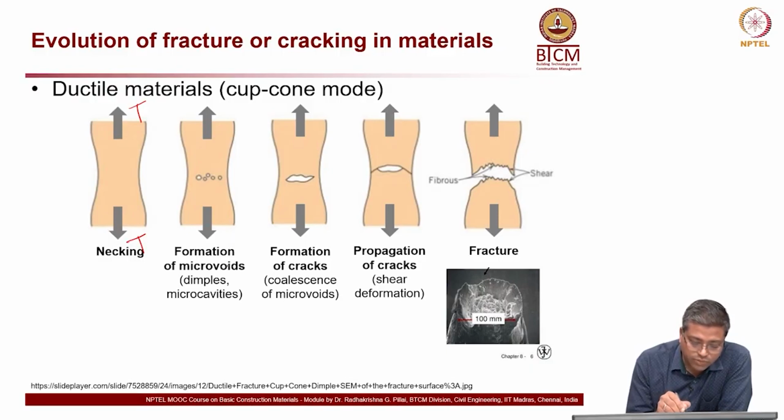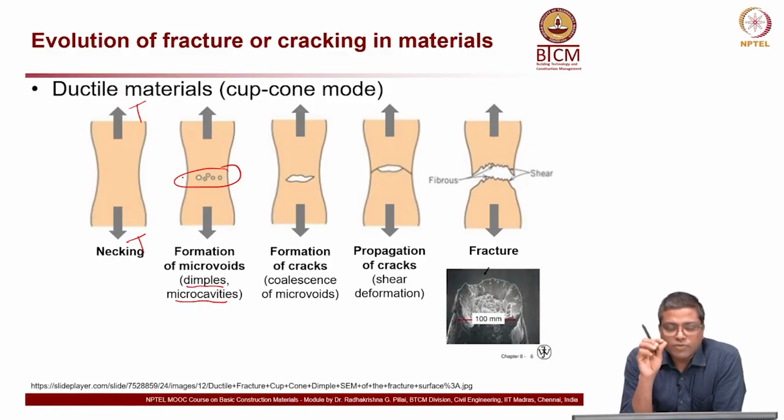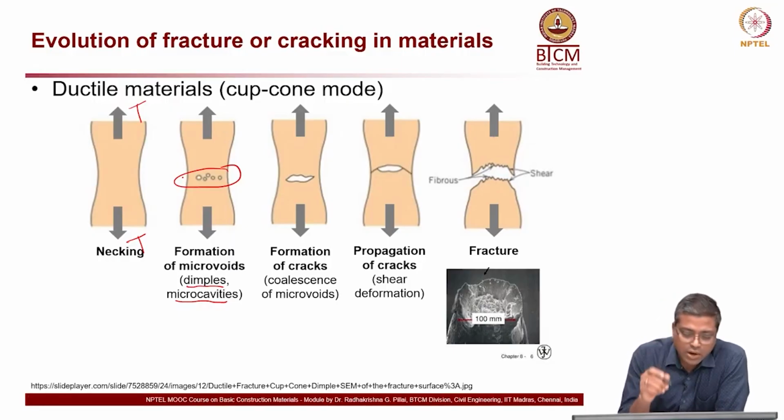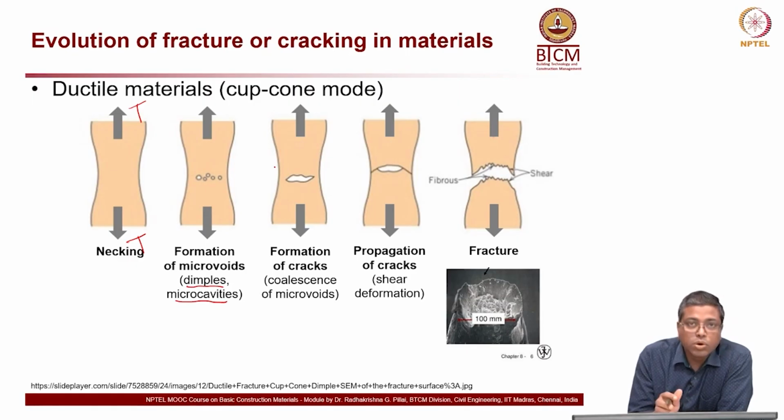The formation of micro voids is the first thing which happens. So, dimples and micro cavities are also there. You can see that here. Now, there is that small deformation happening there, and then as more and more force is applied, all these micro voids tend to coalesce and become one macro void, or it forms a large crack.